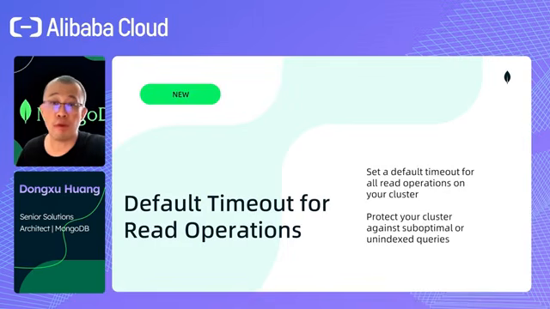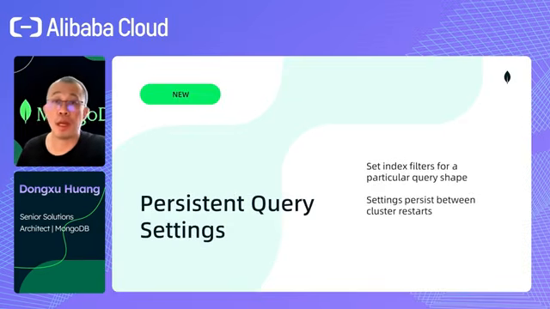If you have some queries which require a different timeout, say analytical queries, you can override it by setting the operation-level timeout. And lastly, persistent query settings allow you to set index filters for specific query shapes, and they will remain in place even if the cluster is restarted.